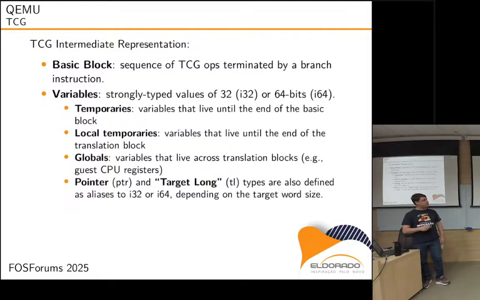Or it could be a global, like a CPU register, that can live across the translation blocks. And you have two alias types, the pointer type and the target long type, that will be either i32 or i64 depending on the target. So for RISC-V 64, both of them will be i64.